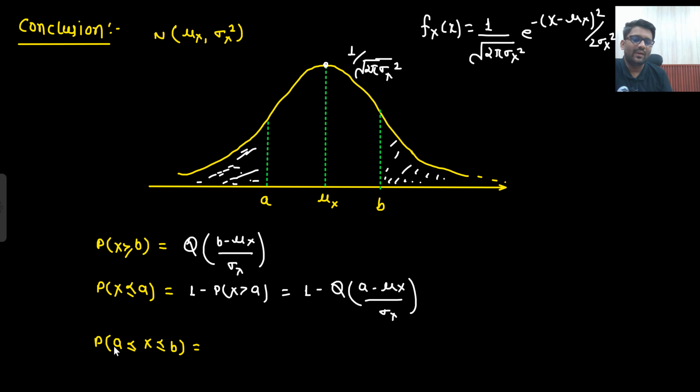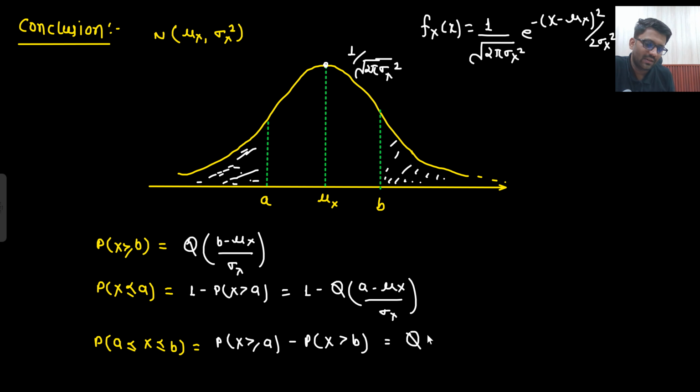And if I am talking about the probability between a to b, what does that mean? That I am saying that x is greater than a, but x is less than b. Sorry, x is greater than a minus x is greater than b, right? That means you will get the probability between a to b.